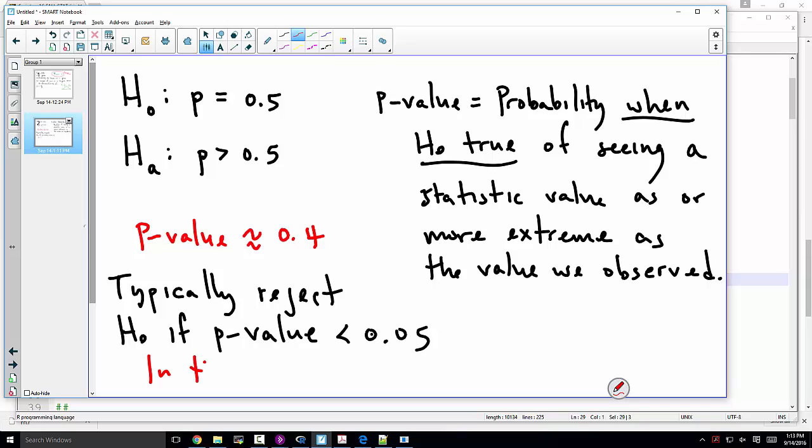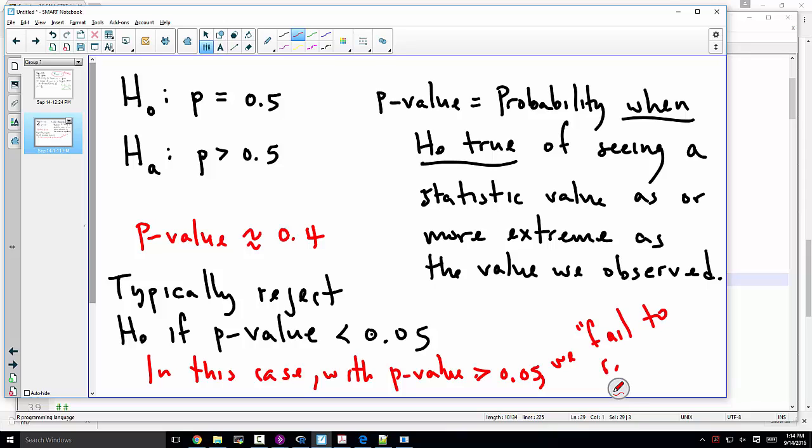In this case, with a p-value bigger than 0.05, we fail to reject H0, the null. We didn't prove that the null is true. All we did was say we can't tell that it's not true.